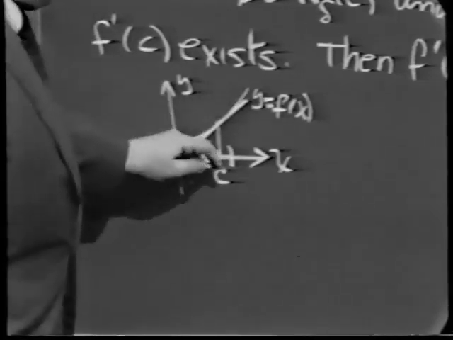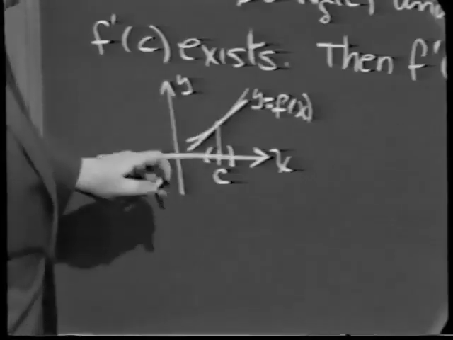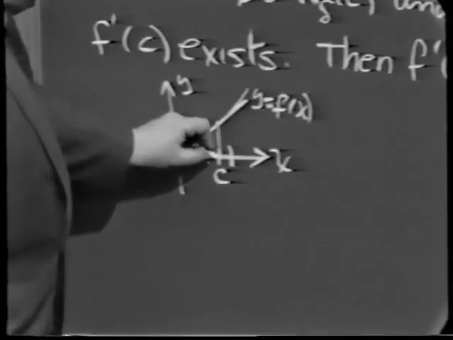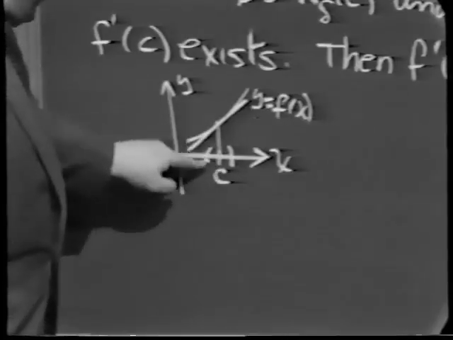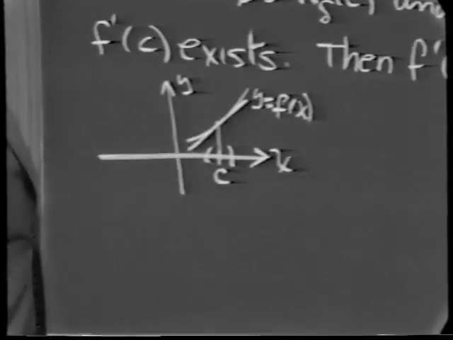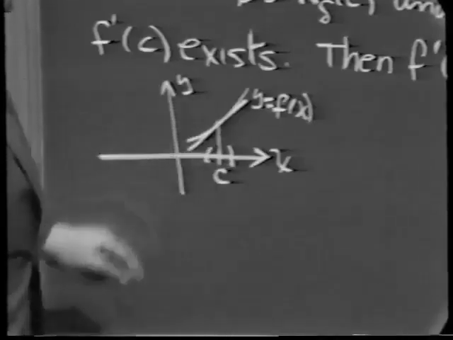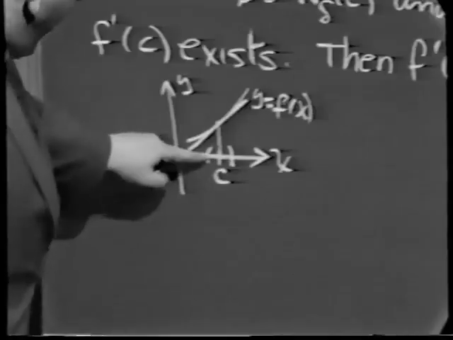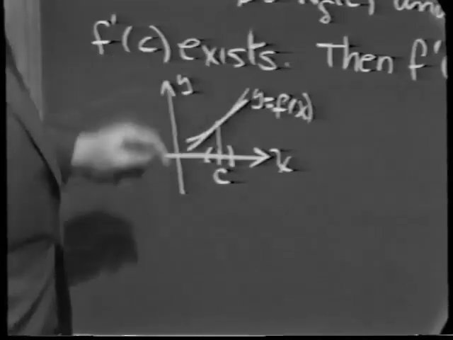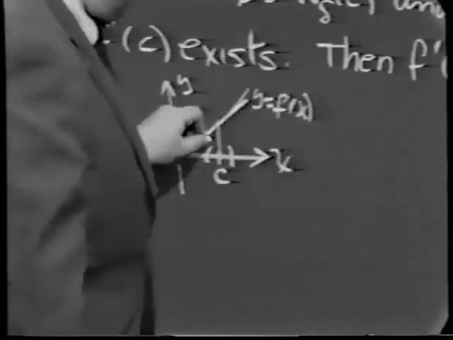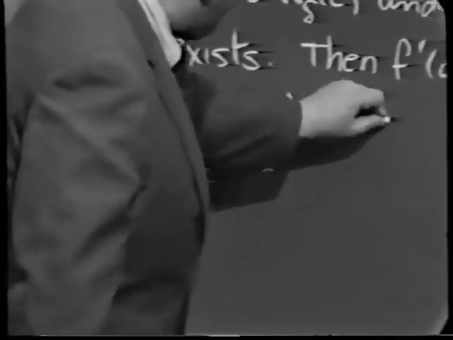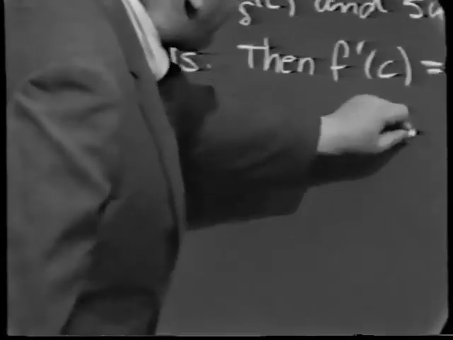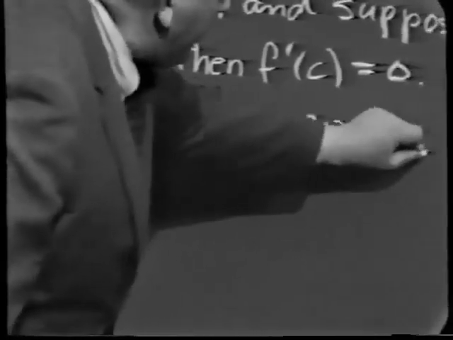Now, what we're saying over here is that if you look at this particular picture, observe that f of c will not exceed f of x for all x in this neighborhood. In fact, I think you can see just by looking at this picture that as x increases, f of x increases. In other words, if x is less than c, f of x is less than f of c.